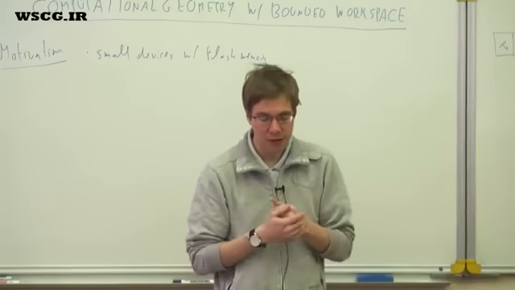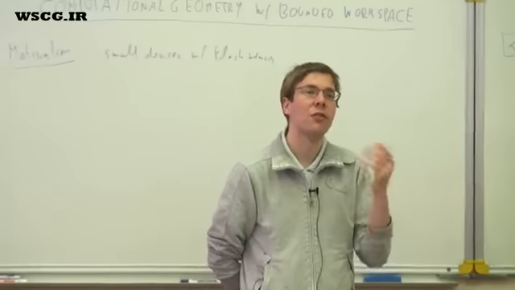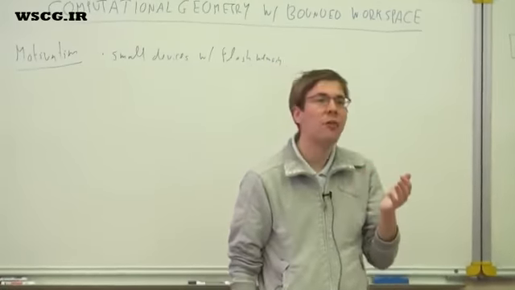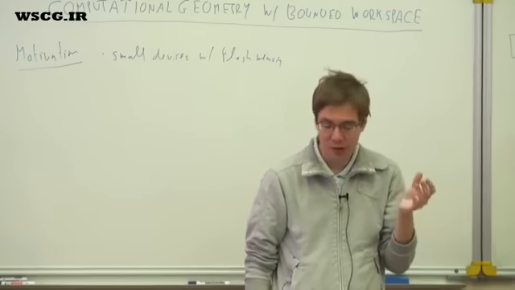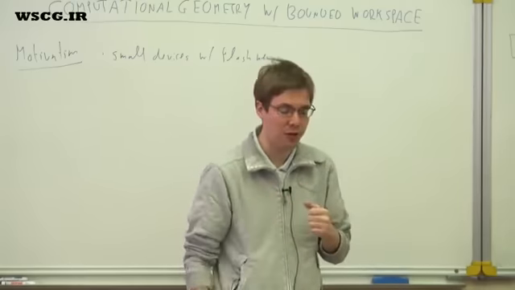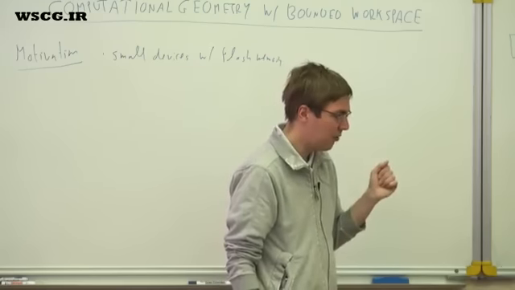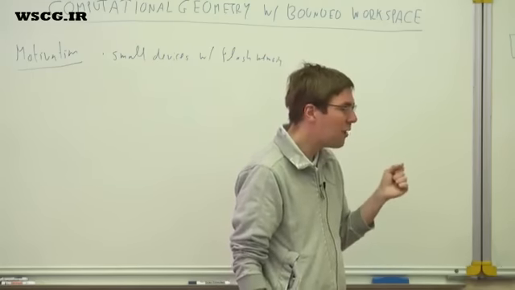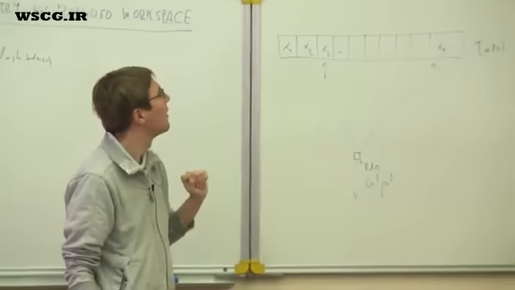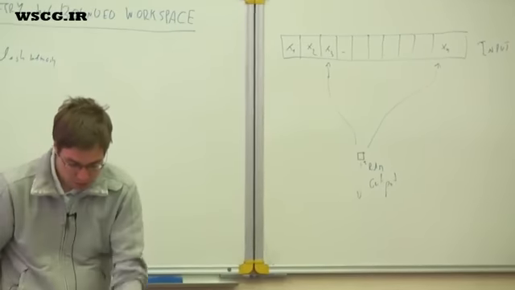You can read very easily and quickly, but writing is a more cumbersome process. It takes longer, and also when you write too often to flash memory, it can get damaged, or it somehow doesn't work anymore. So you want to restrict the amount of write operations. A radical solution is to say, okay, I disallow writing completely and see what I can do in this very restricted model. So this is one idea.